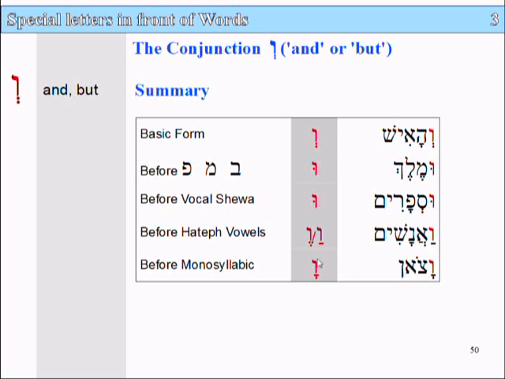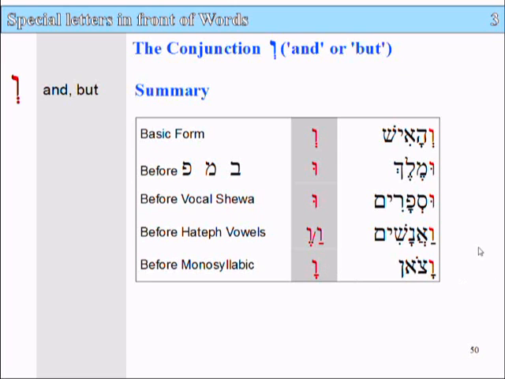And before monosyllabic words, like the word tzon, it's just one syllable, you put the vav in front and it takes on a kametz, and it's just a long ah sound, so it becomes vatzon. So those are the rules regarding the vav, but just be aware that if you've got a vav in front of a word, it just means and.